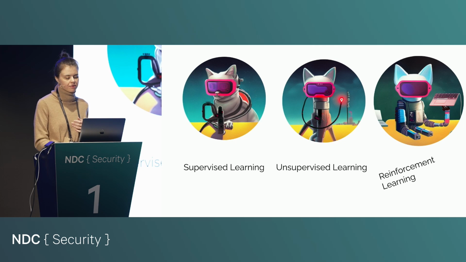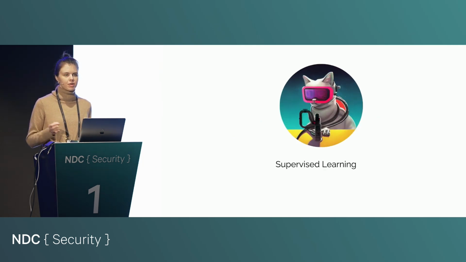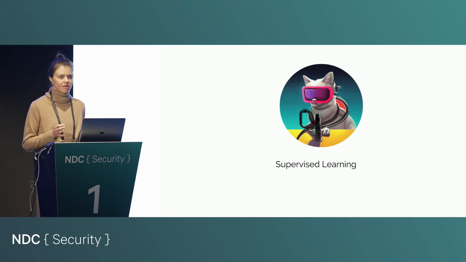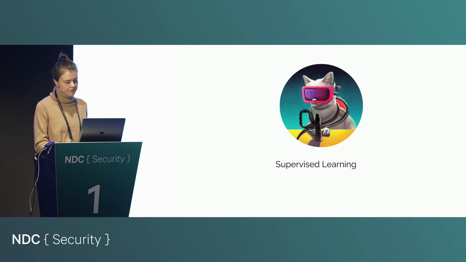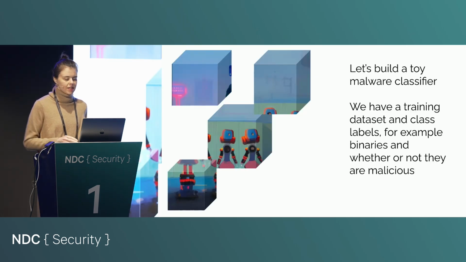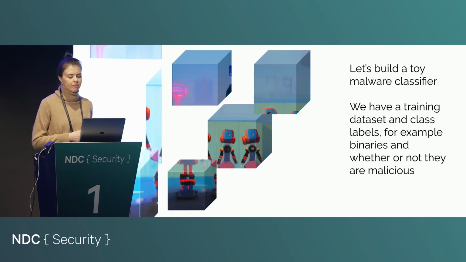Okay, so those were the 3 broad families of machine learning models that you can use to solve your problems. But the most simple one to understand, I think, on a conceptual level and applicable to this setting is supervised learning. So we're going to go with that for now. So let's say we want to build a toy malware classifier.